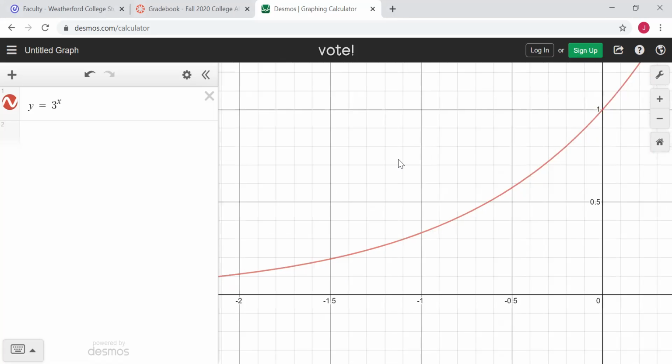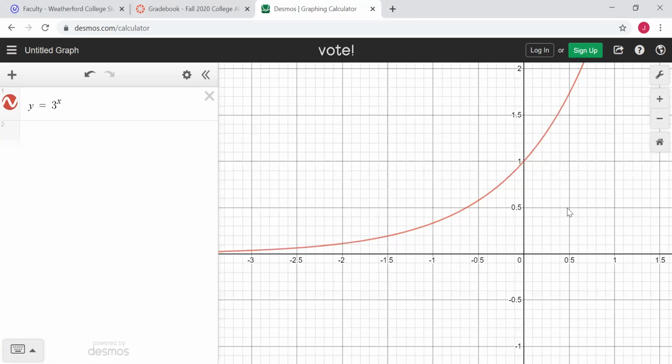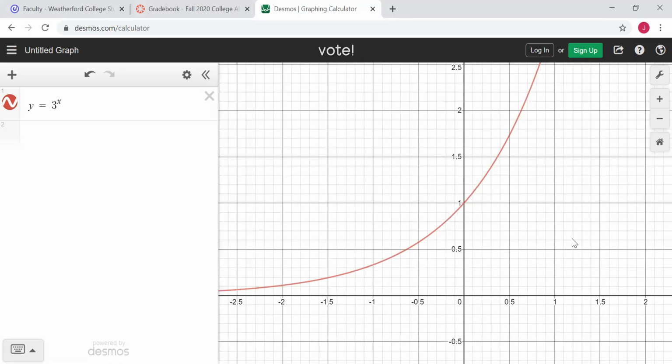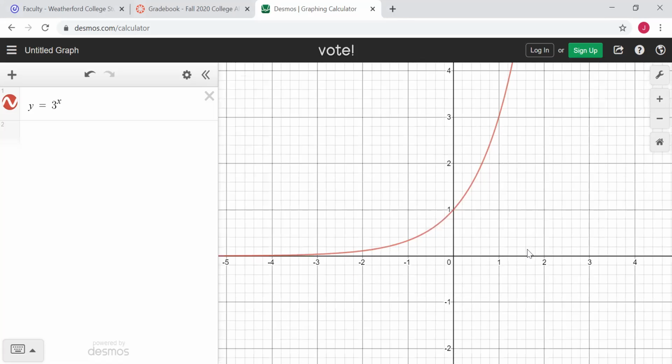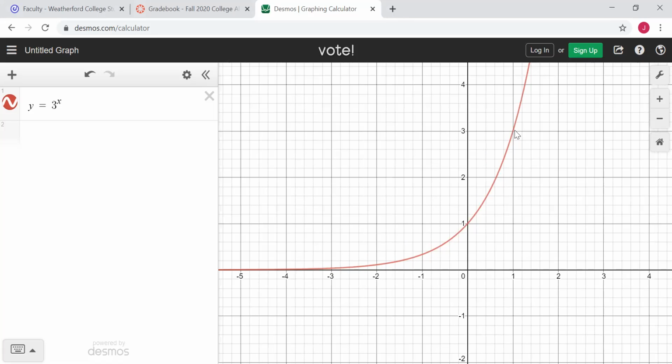Unfortunately, it's kind of hard to see that, but here's negative 1, and then here's 0.5, and so the graph is a little under 0.5. This is going to turn out to be exactly 1/3. And, oh, it does show that. Very good. So (-1, 1/3). And then an x value of positive 1 here produces a y value of 3, so (1, 3).